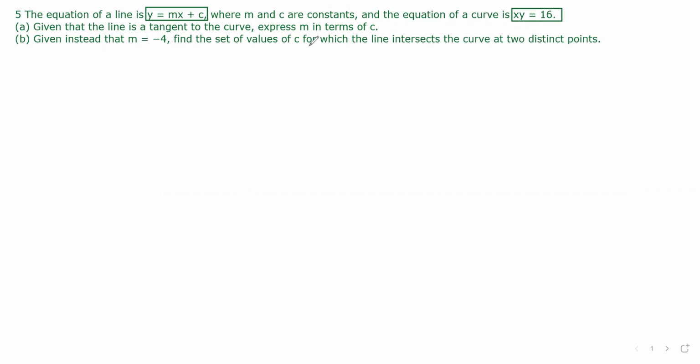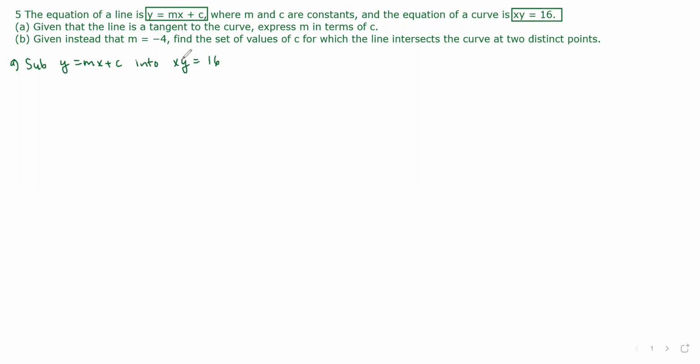If the line intersects the curve, they should have the same y coordinates. So you can substitute y equals mx plus c into the equation of the curve xy equals 16.